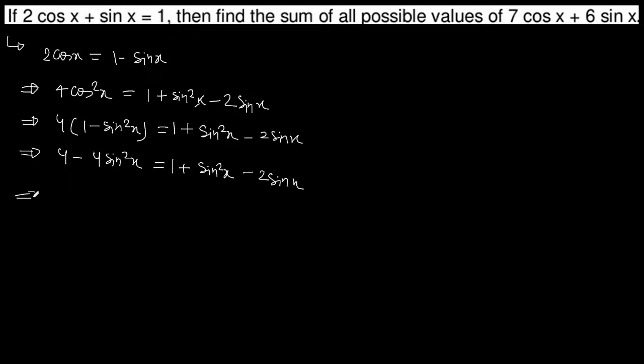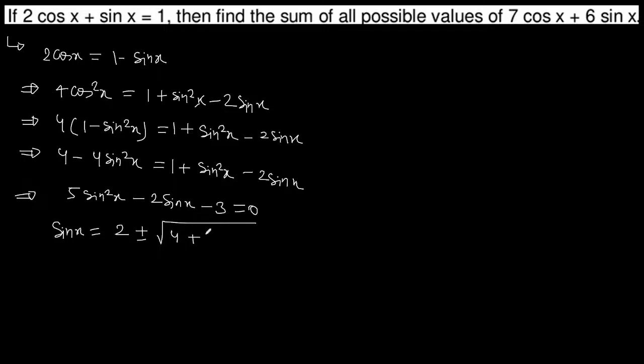Further solving, we get 5 sin square x minus 2 sin x minus 3 equal to 0. Can we find the value of sin x using the quadratic roots, minus b plus minus root under b square minus 4ac upon 2a?